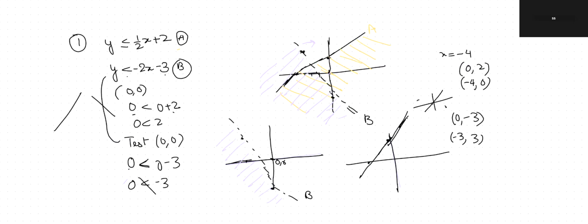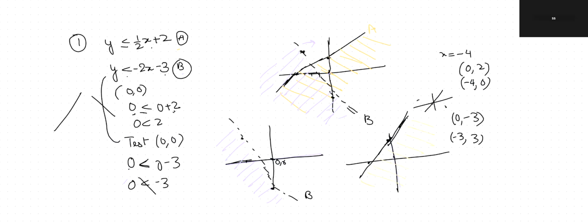Now we test for 0, 0 here. If we put x and y both as 0, we get 0 is less than 2. So this is part of the solution. So 0 is part of the solution, so we colored this.